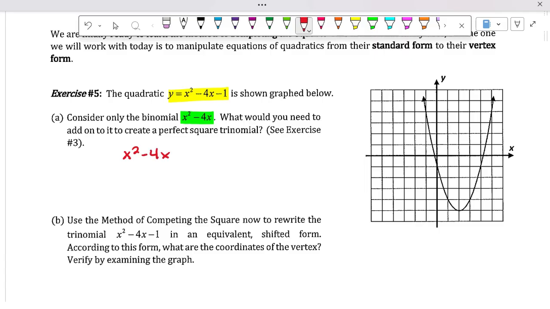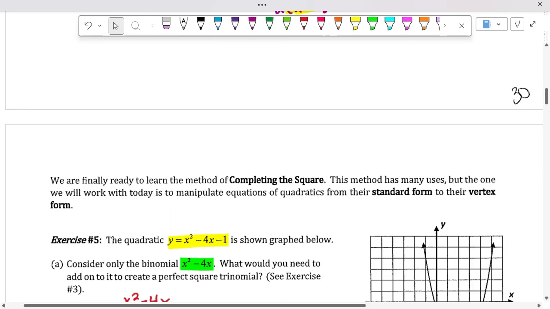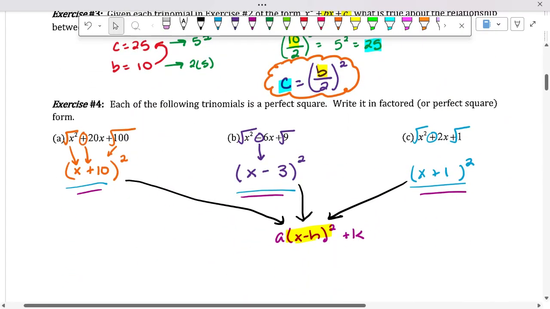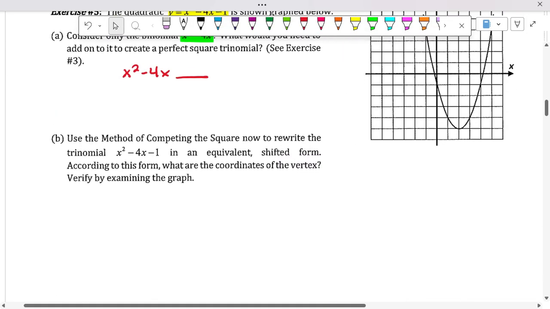They want to know how we can make this a perfect square trinomial. So in other words, we need a c value. Now, we already found out previously how the b value connects to the c value. So what do you think I'm going to have to put here?